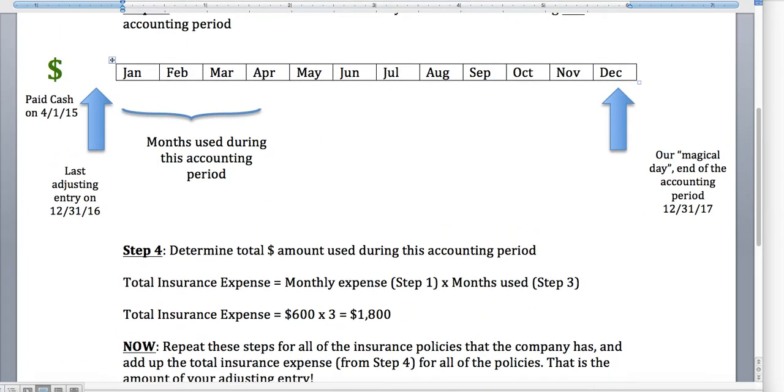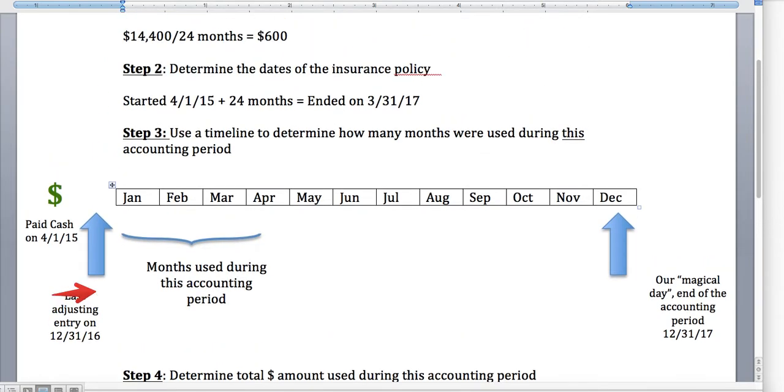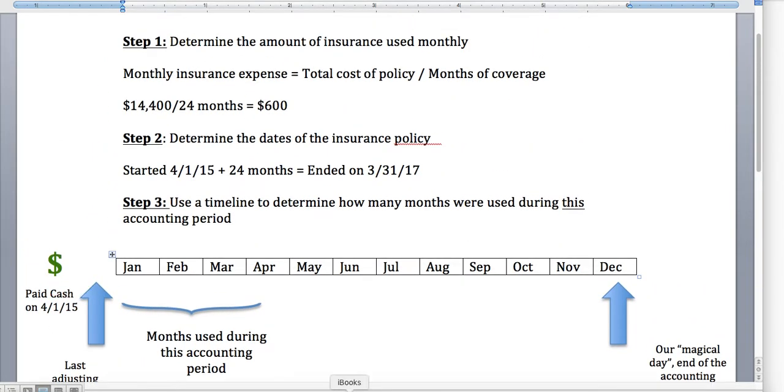Now, step 4 says, determine the total dollar amount used during this accounting period. So to do that, your total insurance expense for the period equals the monthly expense from step 1 times the months used from step 3. If you go back to step 1, we see that the monthly insurance expense was $600.